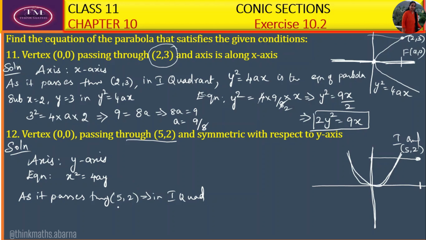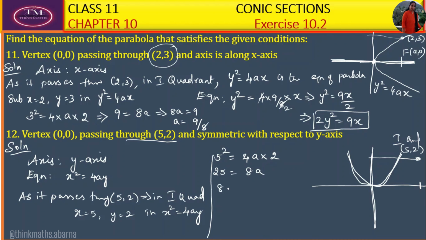Now, as it passes through 5 comma 2, we can substitute x is equal to 5 and y is equal to 2 in x square equal to 4ay. So 5 square equal to 4a into what is y? y is 2. So 25 equal to 8a. Or you can write 8a is equal to 25. That means a is equal to 25 by 8.